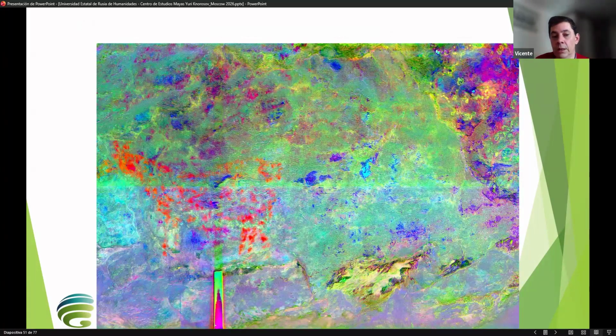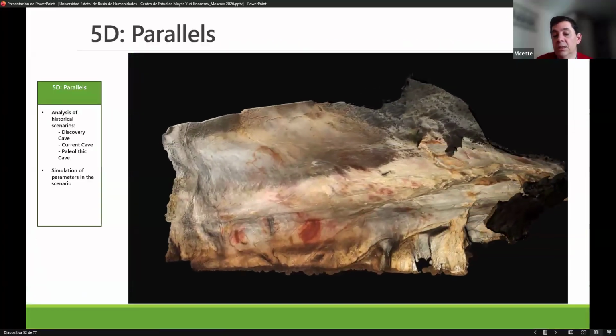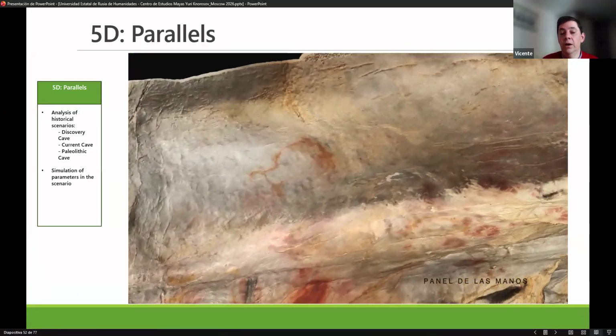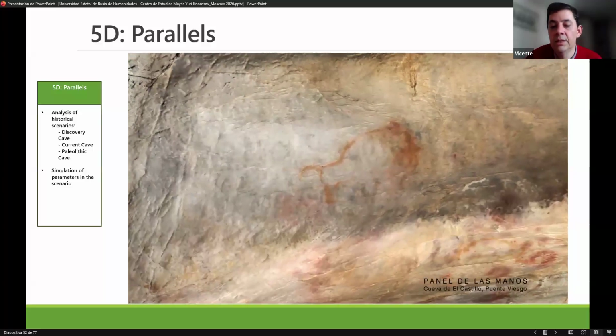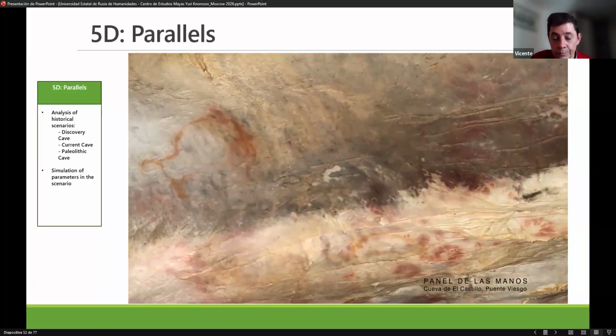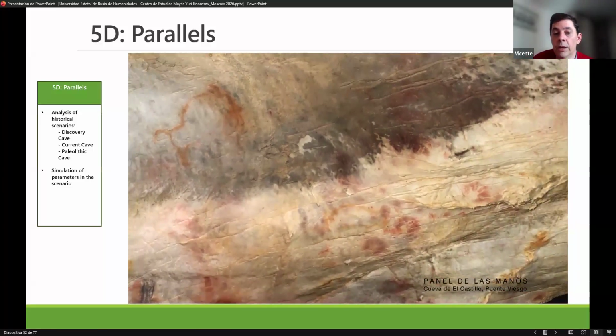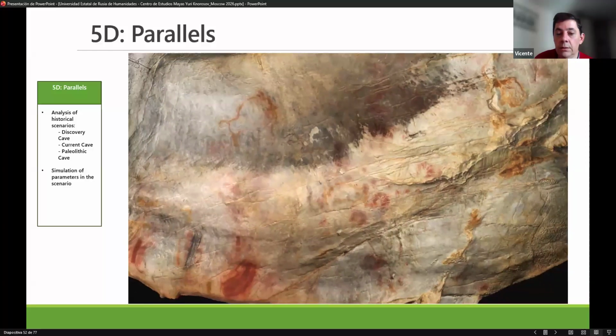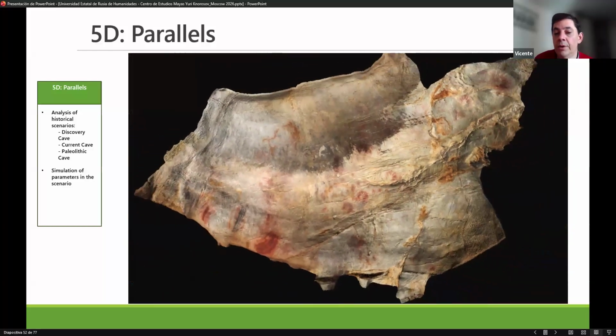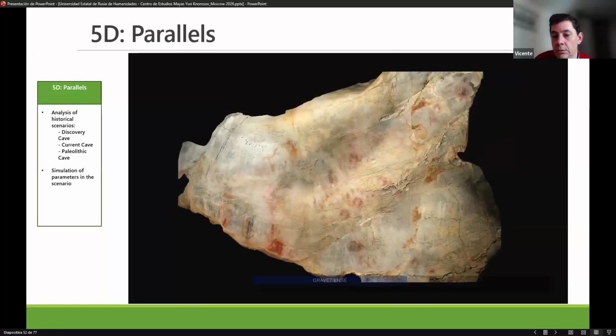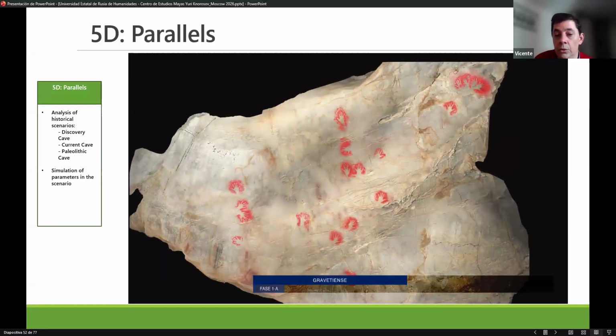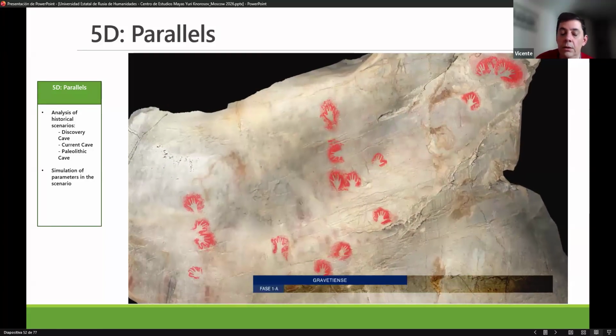And you can create an image combination just to document it. And what is useful? You have a photogrammetric 3D model, and you need to integrate the hyperspectral remote sensing analysis into the 3D model to create a stratigraphy of the art.